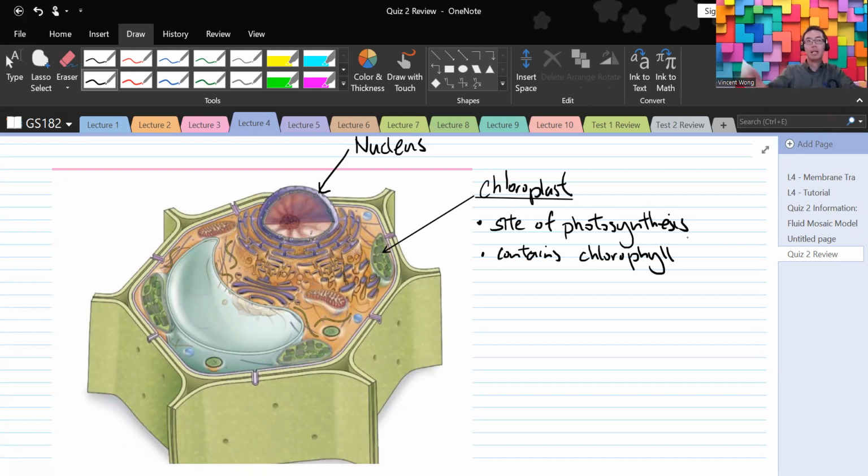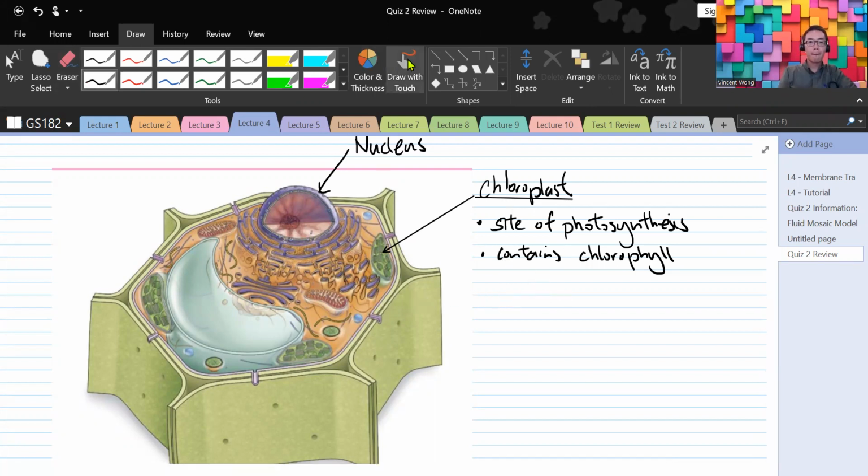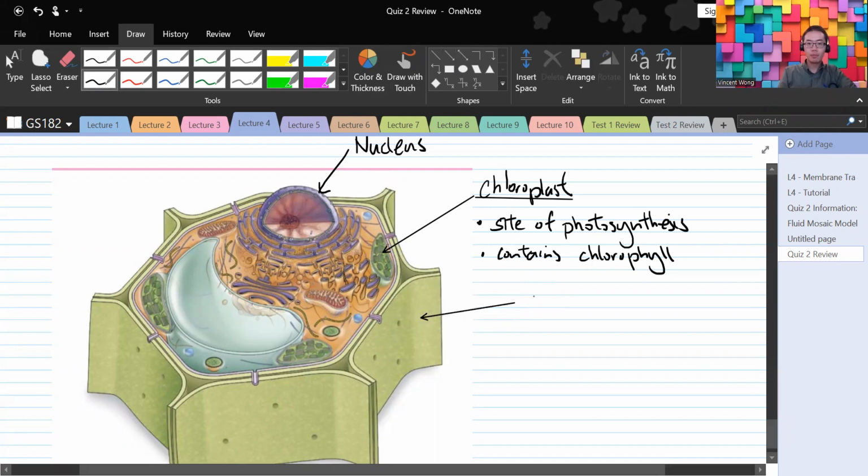It's possible for them to exist in protists, which is what the amoebas and the paramecium are. We have another thing here, the cell wall. Cell wall is made of cellulose. It protects the cell from bursting.